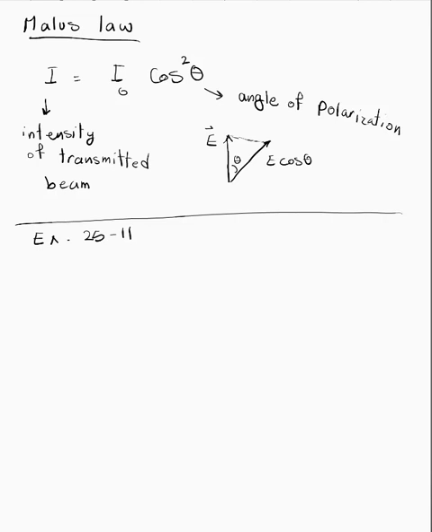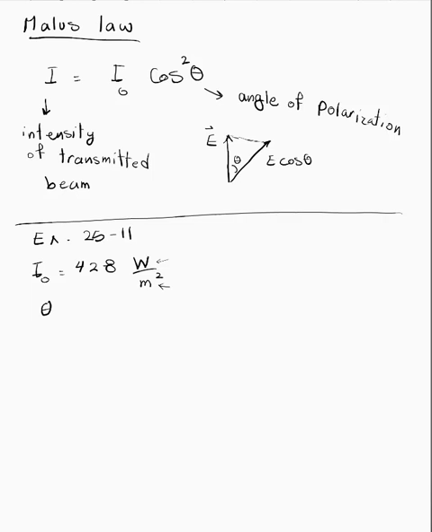So the initial intensity is 428 watts per meter squared, and pay attention how this is the unit of power and this is the unit of area, so intensity is power divided by area.